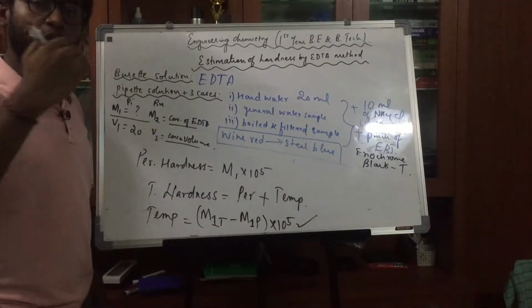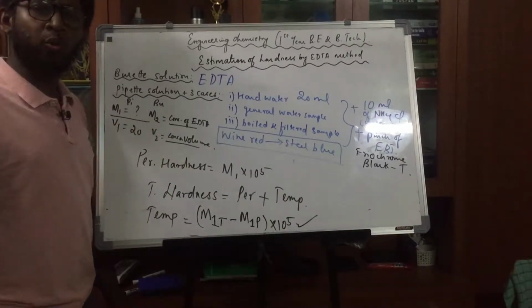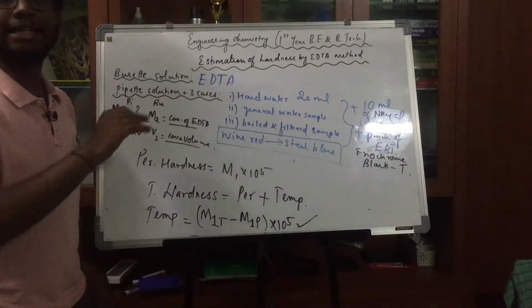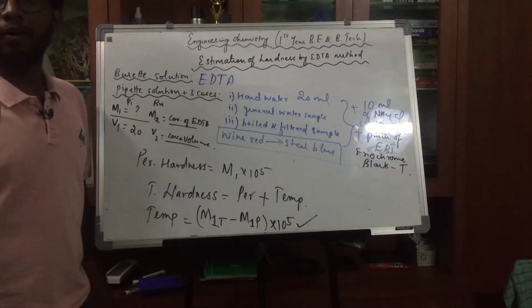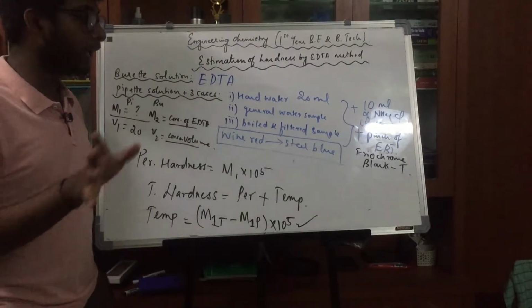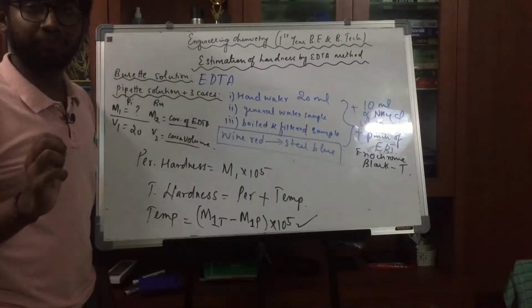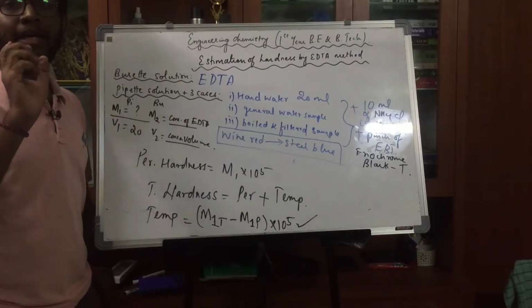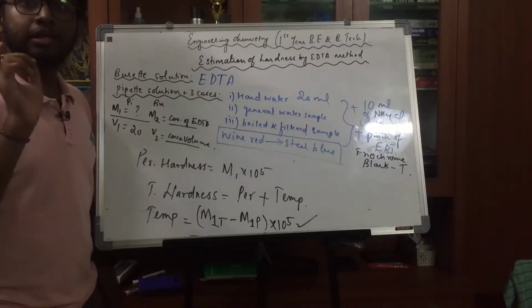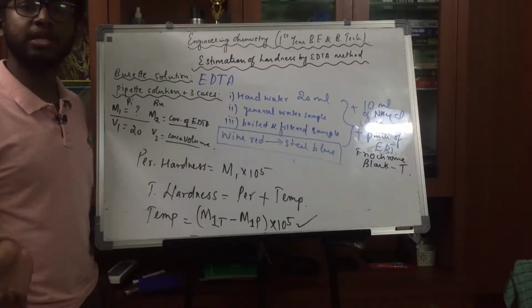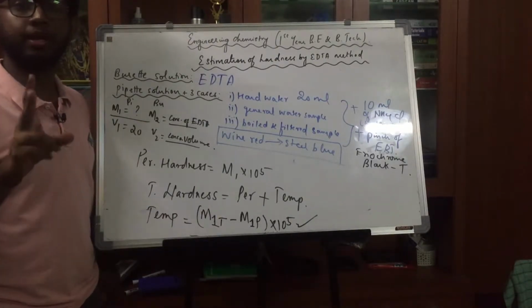So you will have to follow all these procedures. A very quick recap: you take a burette solution, which is EDTA. You take a pipette solution, which in the first case, to determine the concentration of EDTA, is a general hard water. It has a mixture of salts. In the second case, you make use of a general water sample, which will have a mixture of all the salts causing permanent as well as temporary hardness.